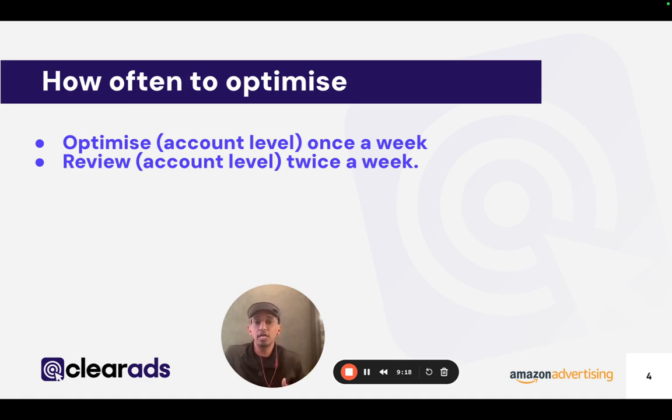If you've started to put in more outside traffic efforts, more traffic from outside of Amazon into Amazon, you might also want to review the performance of your campaigns. So there are a number of occasions when you should look at your campaigns more than once or twice a week and make changes a little more often.